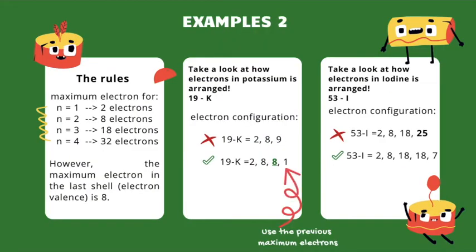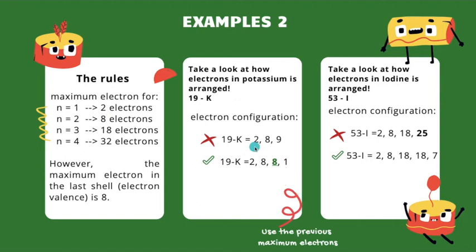So now we move to the second example. This is the rule, and we have potassium. Potassium has 19 electrons. For these 19 electrons, we will distribute them into the first, second, and third shells. In the first shell, we have 2 because the maximum for the first shell is 2.